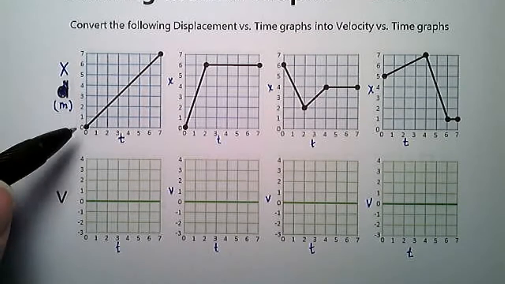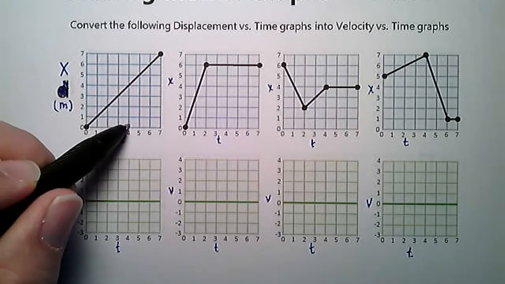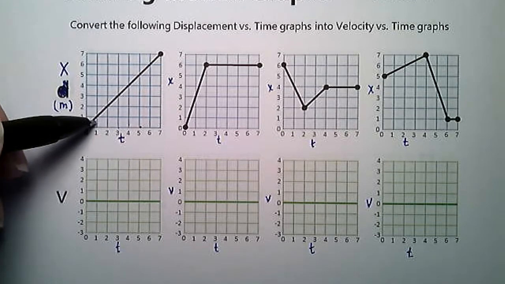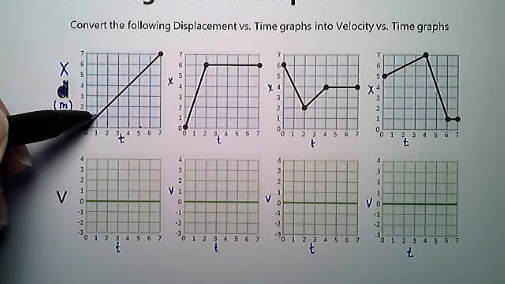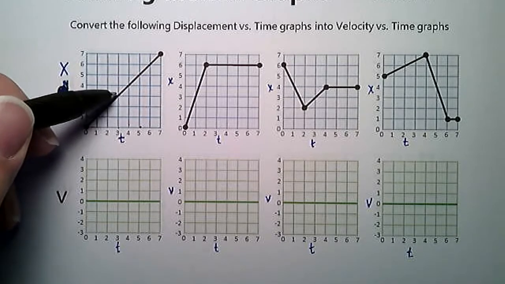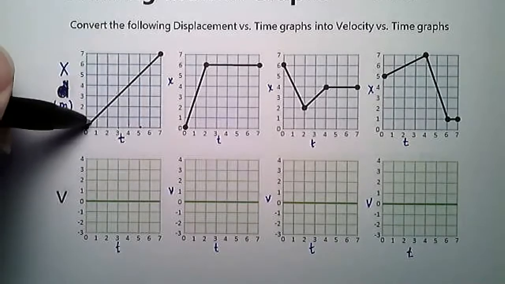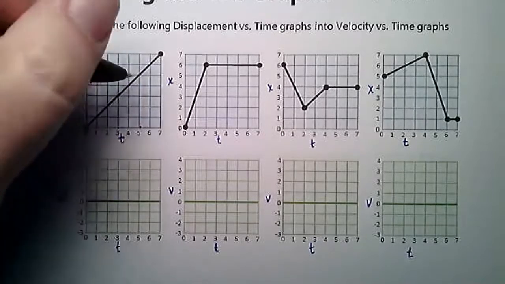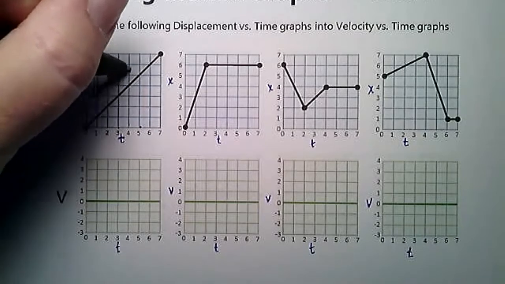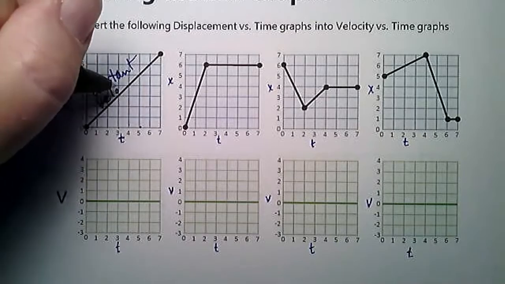Now, if you notice what's happening here, each second that passed, I moved 1 meter. During the first second, I moved up 1 meter. During the second, I moved another meter. During the third, I moved another meter, and so on. So what you notice is this straight line is always going to represent constant motion, or constant velocity.